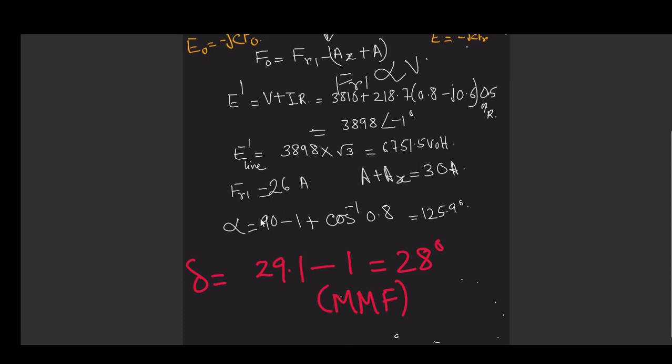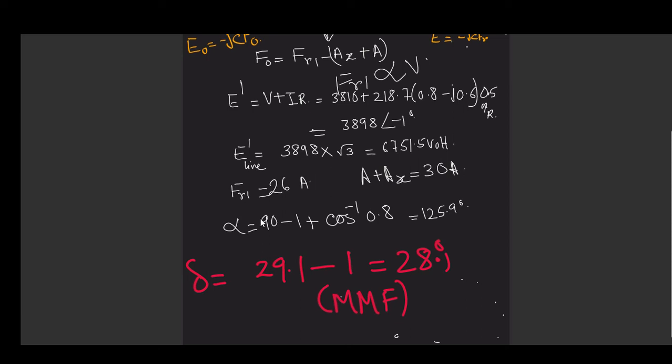Another thing we are getting here that is interesting to note is that your power angle is increased using this MMF method. Why so? The physical interpretation of power angle we will discuss. But obviously, as the name power angle or torque angle implies, it is directly proportional to some power.